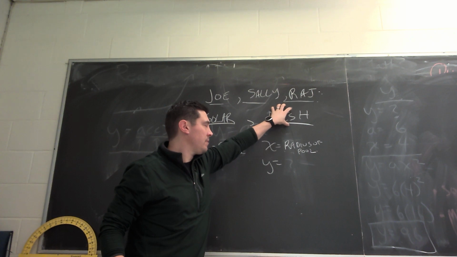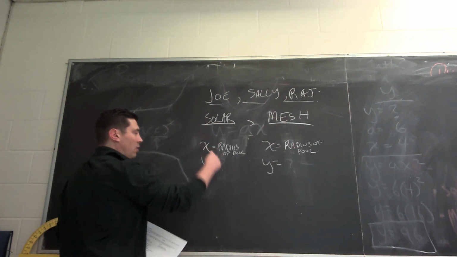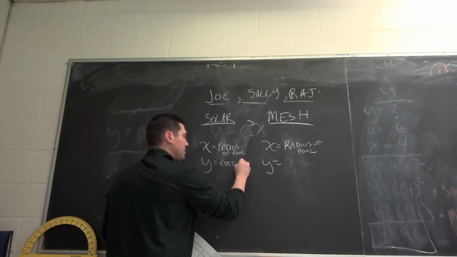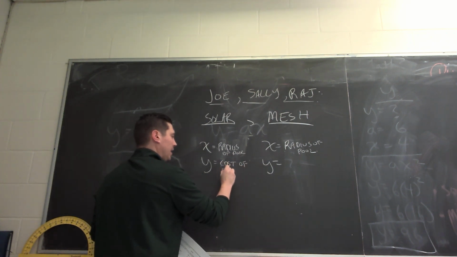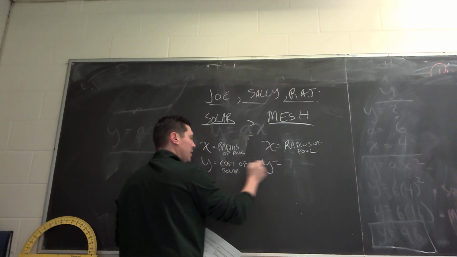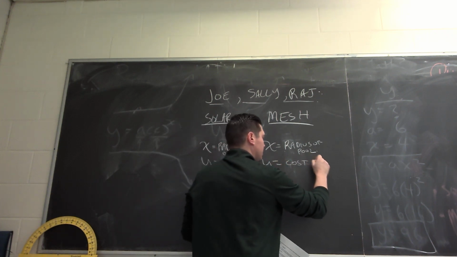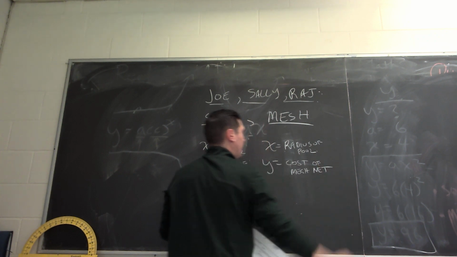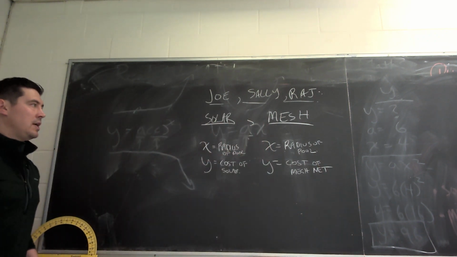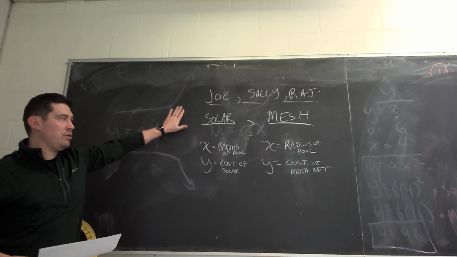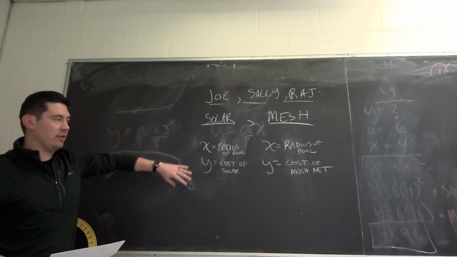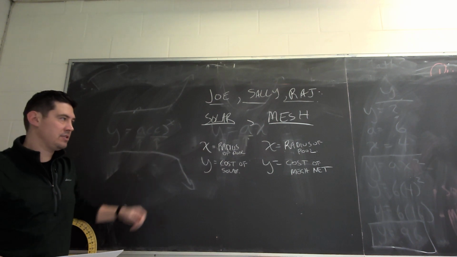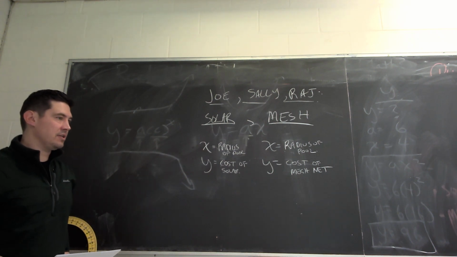The only thing that's different is that for Y, it's going to be the cost of the solar cover, and Y here is the cost of the mesh net. If you write this stuff out or highlight it before you get started, it's going to make your life a heck of a lot easier when it comes down to actually solving this.